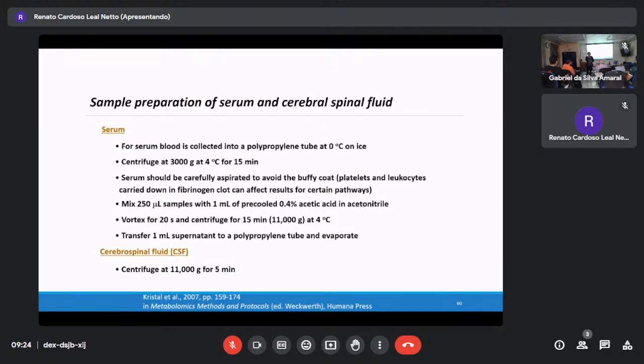Or even, because cerebral spinal fluid is a very small amount, if you dilute it in LC, you will lose a lot of compounds. Some people, after purification and centrifuge, do direct infusion without HPLC, because it's a very small amount. Then we don't have a problem with ion suppression.